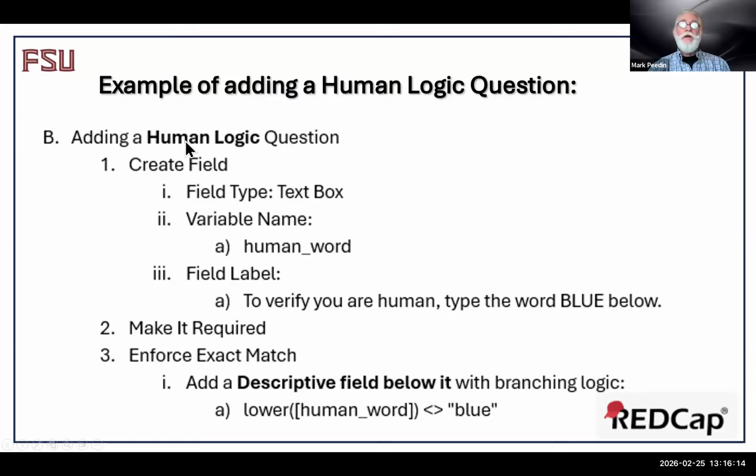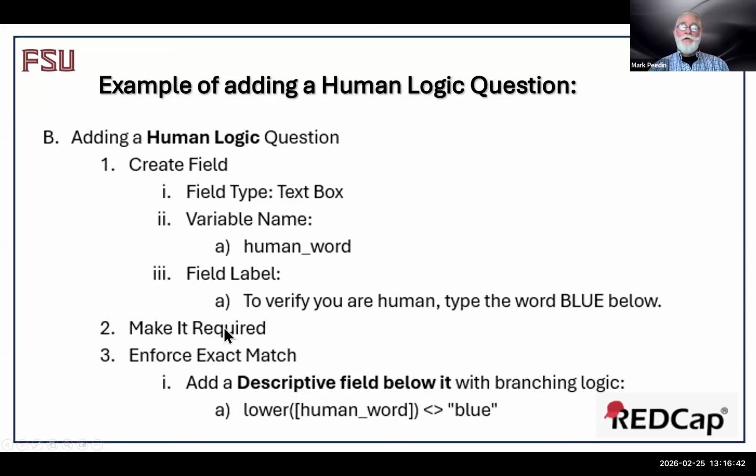The next example I want to talk about is human logic. If you create a field with a text box, for example a human word, then in the field label, which is actually what the human sees, the question is to verify, please type in the word blue in the text box.